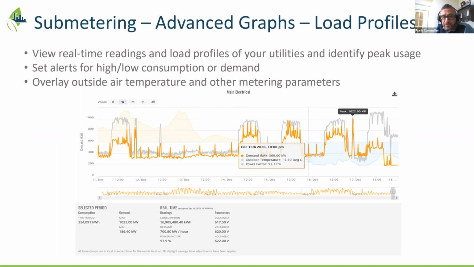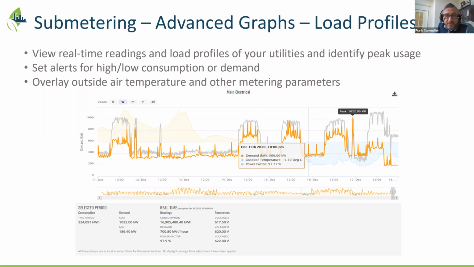There's software out there that takes advantage of this to highlight and set alerts for high or low consumption. There's so much data out there; it's about how you take that information and efficiently use it. So setting alerts is a good one to do, even if you start off with broad alerts initially, so you can manage that.